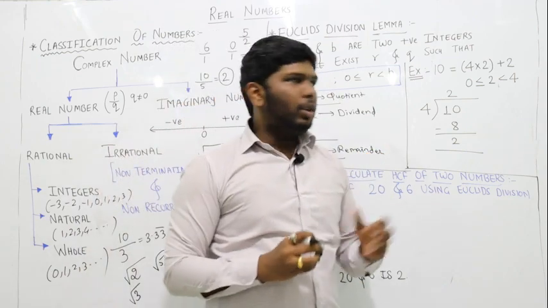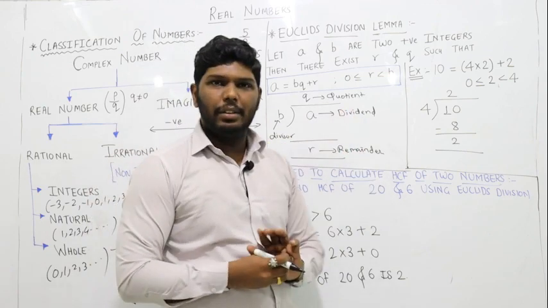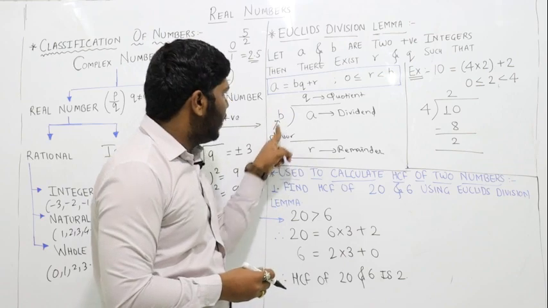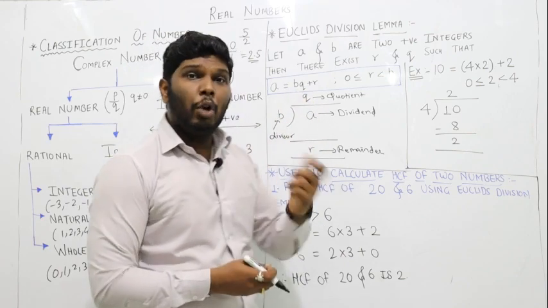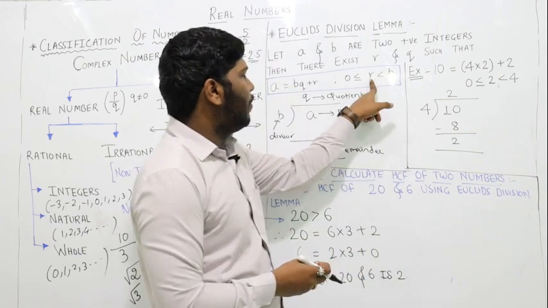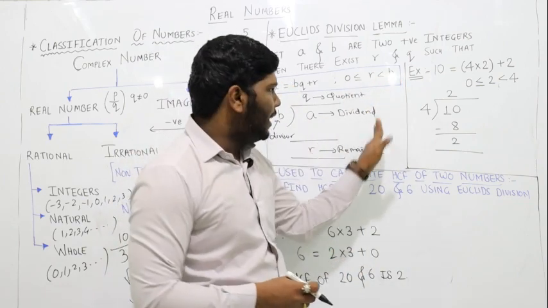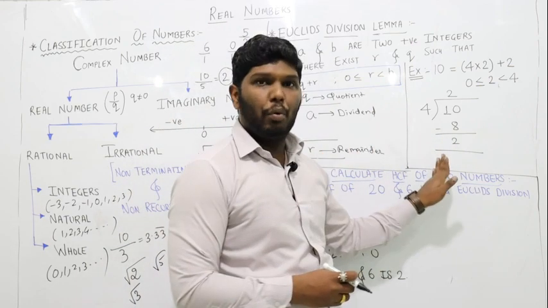In the previous classes also we have seen this formula that dividend is equal to divisor into quotient plus remainder. Similarly, I have written here that the dividend a is equal to divisor b into quotient q plus remainder r. But the extra part you should understand is that the value of remainder always lies between 0 and b.